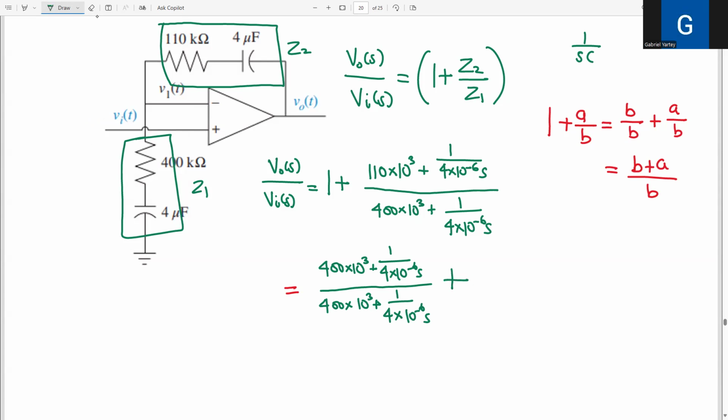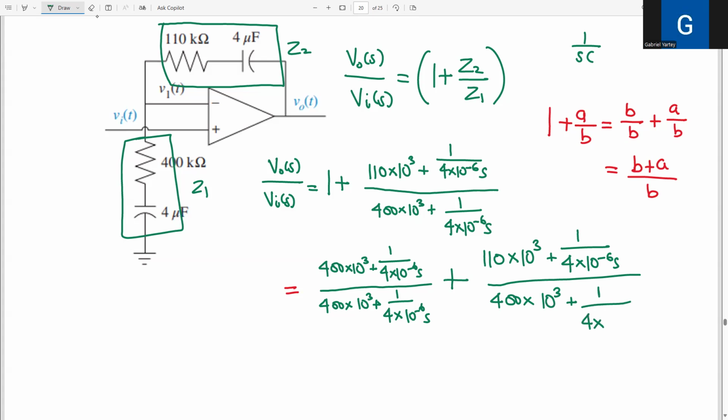Then I write it here. Then I continue by writing 110 times 10 to the power 3 plus 1 over 4 times 10 to the power minus 6 S. Then 400 times 10 to the power 3 plus 1 over 4 times 10 to the power minus 6 S.